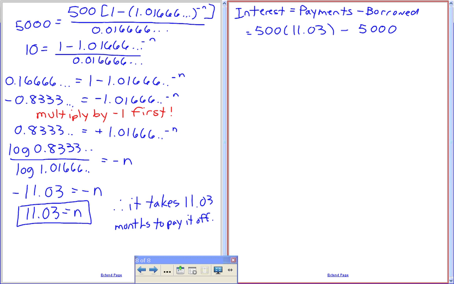Go ahead, Taylor, you're in the zone. 5,515.00? Yeah, and that's approximate. I'm assuming there are more decimals on there, right? But that's okay. All right, 5,515 minus 5,000 is, oh, there isn't? Oh, goodness gracious. Wonderful then. Therefore, Taylor paid $515 in interest.